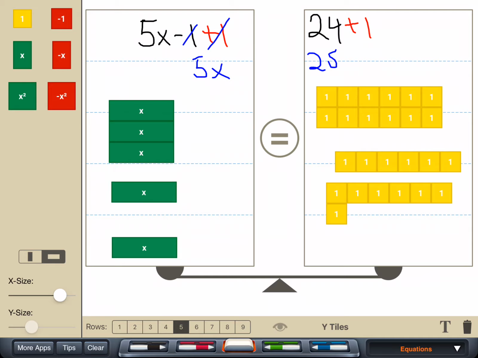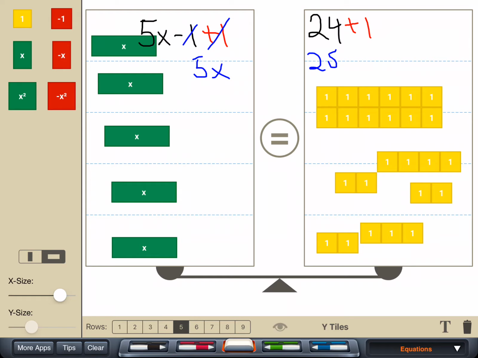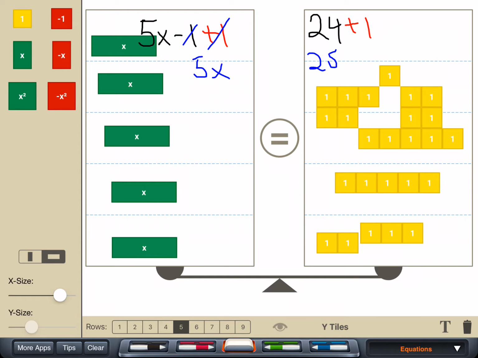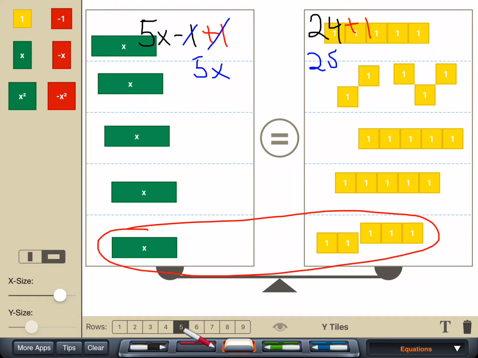Division by 5 looks like this, and so I will end up with equal groups in each of these places. So as you can see, x equals 5 because I divided into 5 groups on both sides.